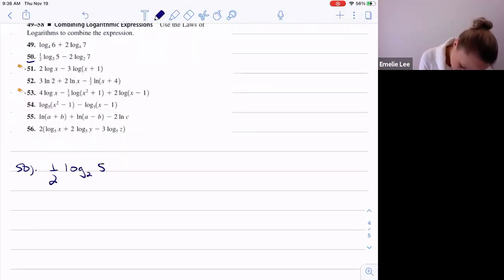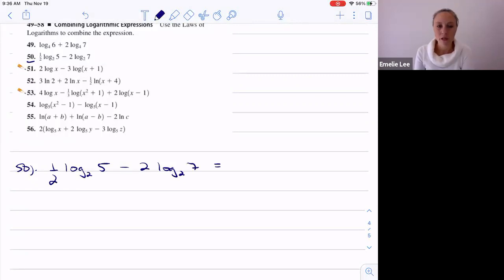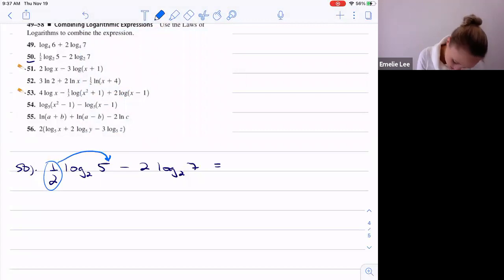1/2 log base 2 of 5 minus 2 log base 2 of 7. Okay. First thing we can do is I can bring this power upstairs, right? The 1/2 is the same as log base 2 of 5 to the 1/2. Okay. So this can go here, and this can go here.